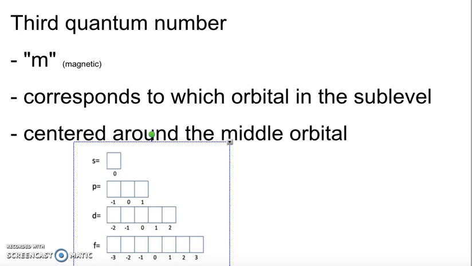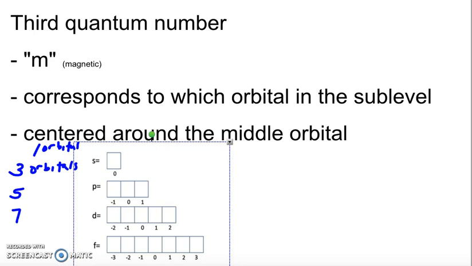The third quantum number, represented by the symbol m, corresponds to which orbital in the sublevel the electron can be found. Looking at the diagram at the bottom of your screen, s has 1 orbital, p has 3 orbitals, d has 5, and f has 7 orbitals.